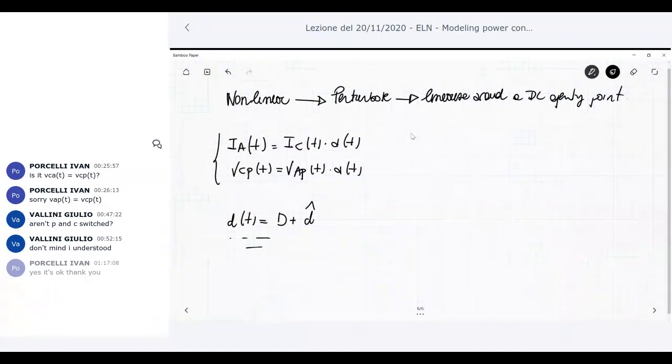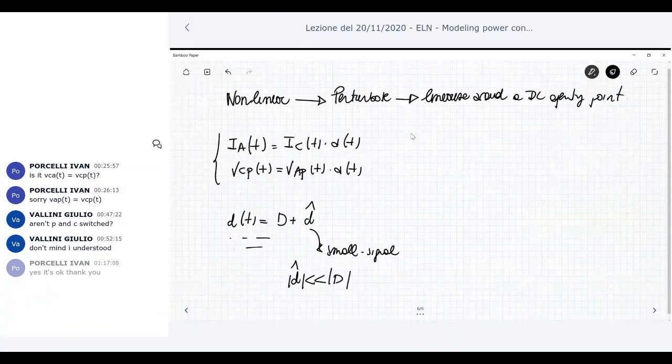I always suppose that this is a small signal variation, so that means that d hat is always much less than the DC operating point, the steady state duty cycle. This is exactly the same operation we did in the state space averaging technique. So let me replace any of these quantities by their perturbation expression.